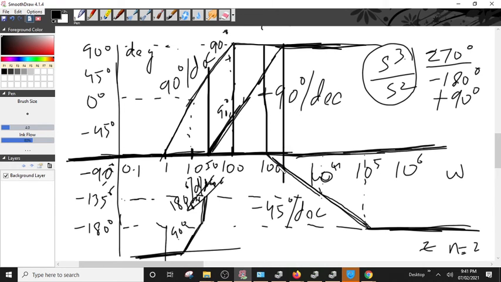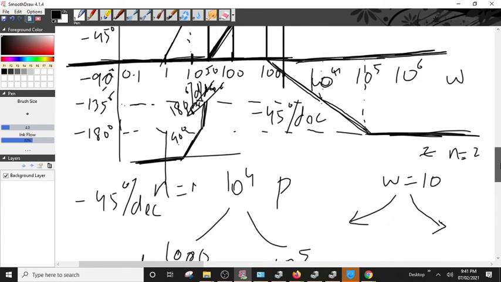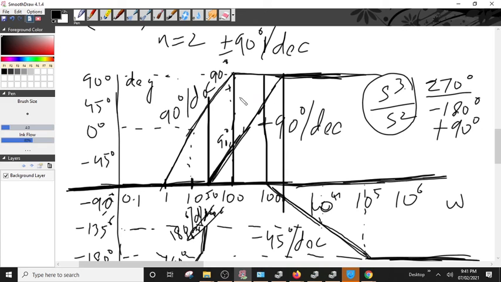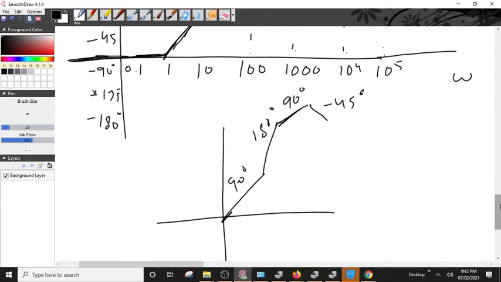So 90 minus 45 is... sorry, in fact this was 90 minus 45, so it was plus 45, not minus 45. It was plus 45.